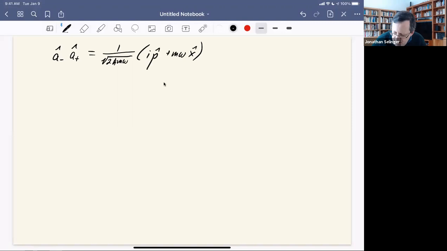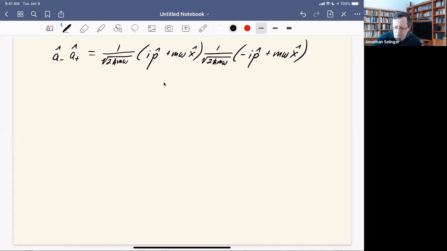And this is acting on the output from A plus, which is 1 over the square root of 2 h bar m omega, and A plus is minus i p hat plus m omega x hat, like that.